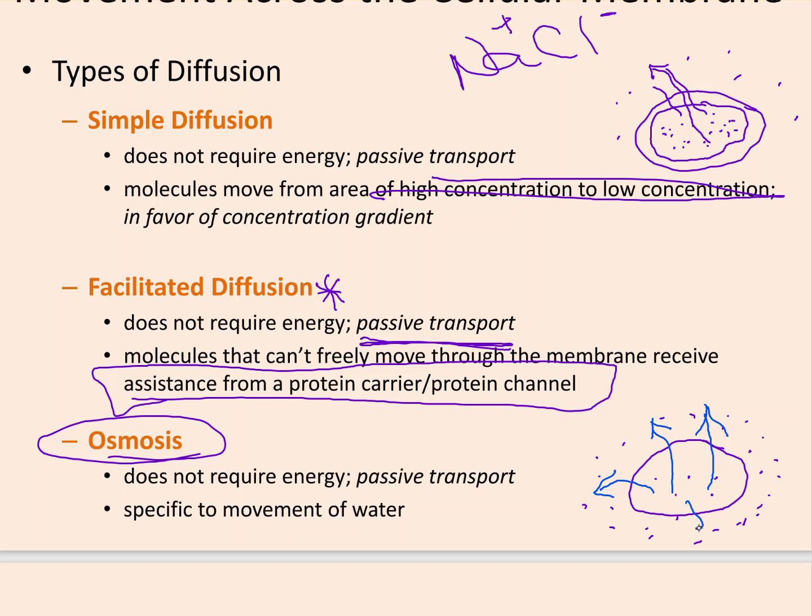Water will move outside of the cell, and by having more water outside, it's going to reduce the amount of sugar in the watery solution. Again, this does not require energy, so it's still a type of passive transport, but it's specific to the movement of water to reduce or dilute the amount of solutes inside or outside of a membrane or a cell.